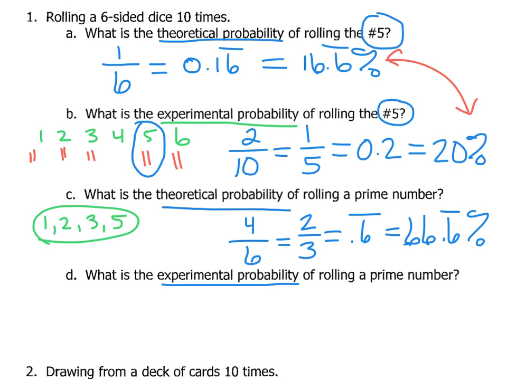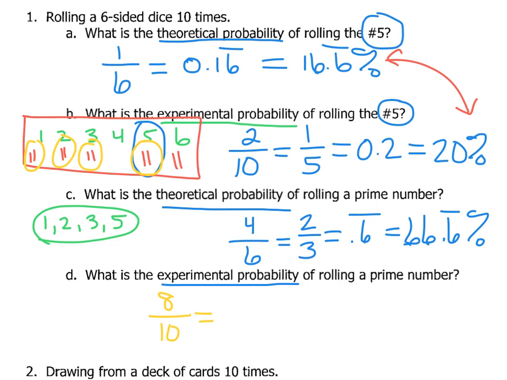What actually happens. So if I go back up to my example up here of when I actually rolled the dice, how many times did I actually roll a prime number? Well, I rolled a prime number. Let me get a different color here. This is prime, this is prime, this is prime, and this is prime. So I actually rolled a prime number 8 times out of the 10 rolls that I rolled.